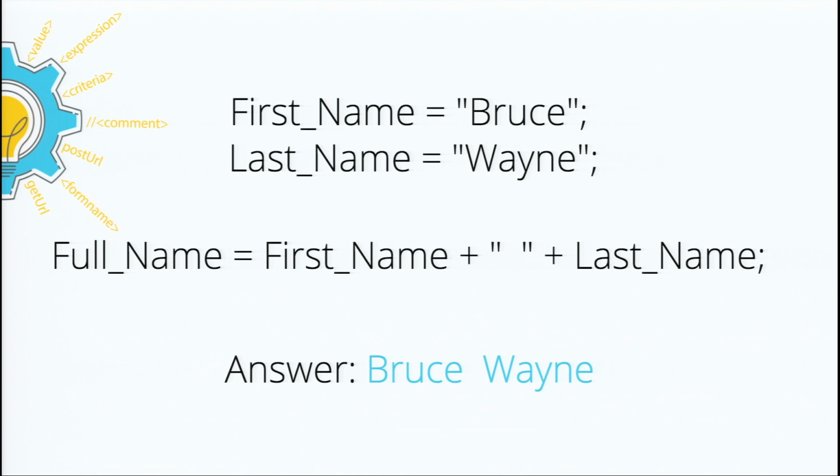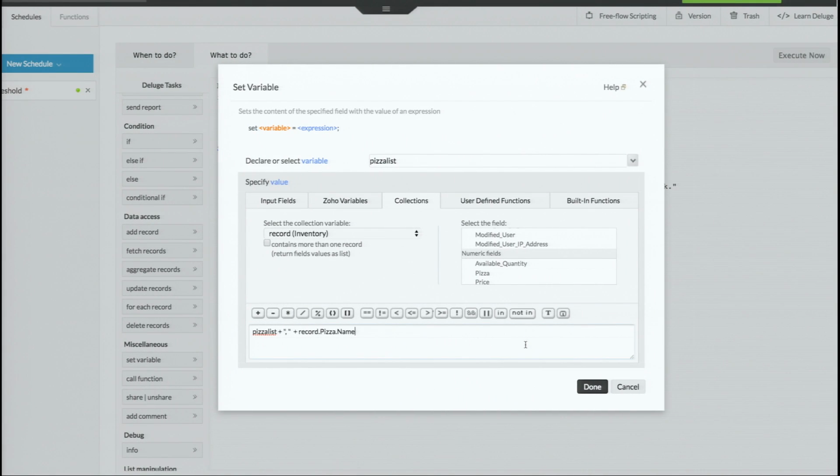You're going to add two pizza names and put it as a single value. That is, you're going to store it in this variable. So that's the same thing that we have done here.